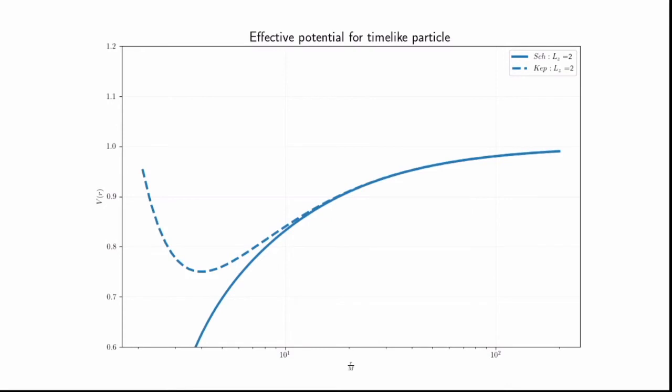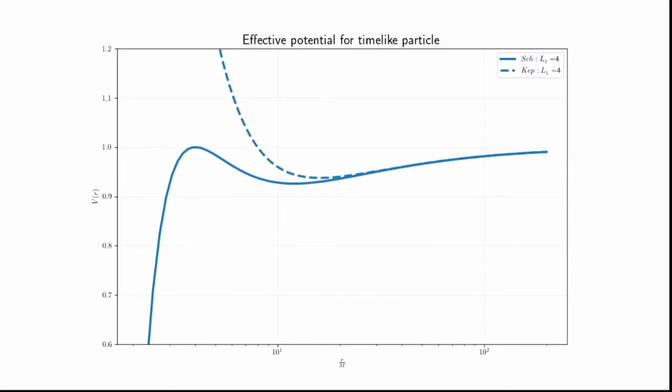At very large distances, both these potentials match, and that is what we know, that when the distance is very large, the Schwarzschild solution can be approximated by the Keplerian problem. Let's look at more potentials. Here is a second case where you increase Lz a little larger. Lz basically means the angular momentum you are supplying.